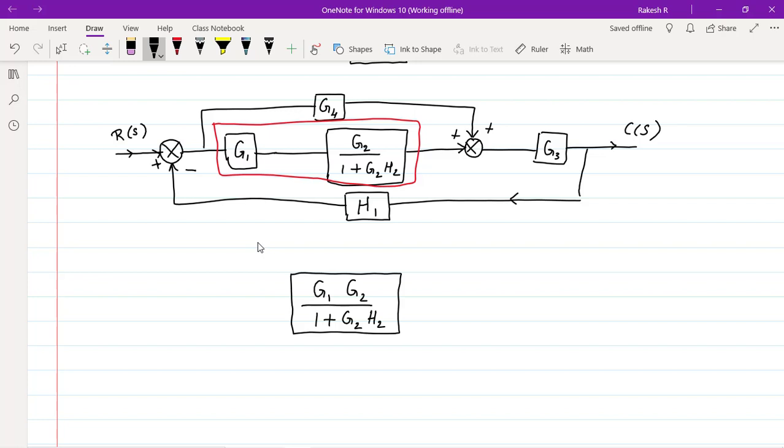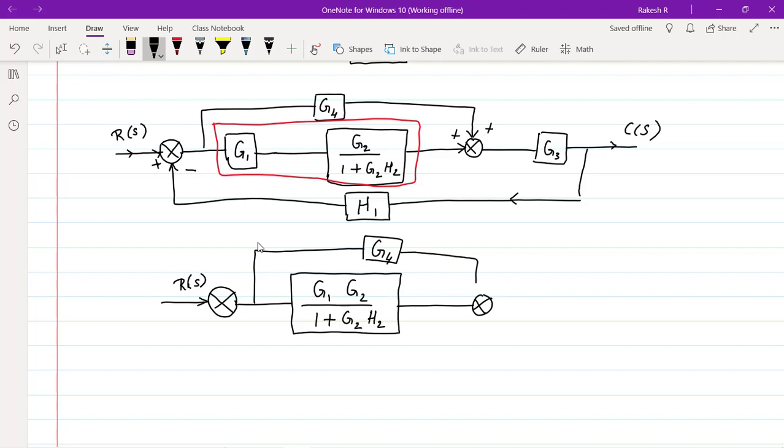Then after that what we have? We have one summing point here. We have input as R of S, and we have one takeoff point here. This is G4. We have a summing point here. This is positive sign.